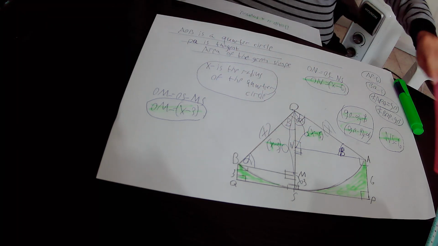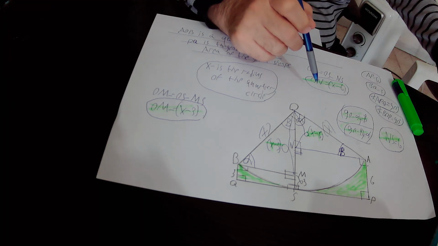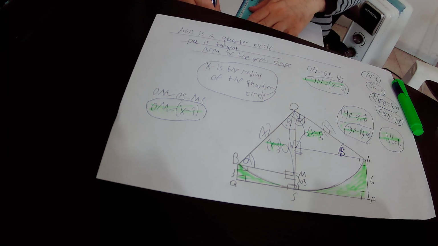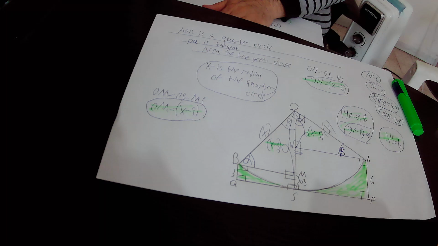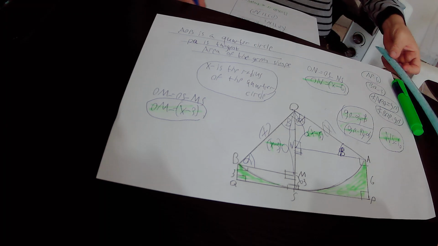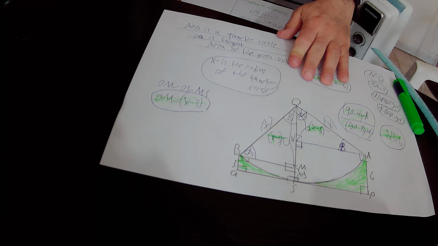We'll prove that the right triangle OAN is congruent to the right triangle OMB.